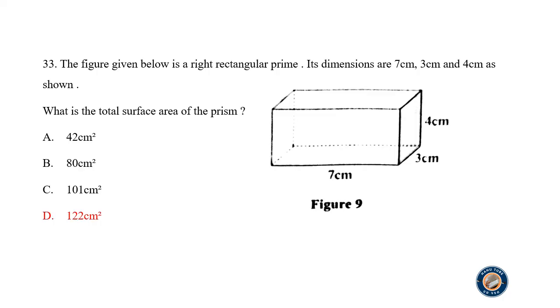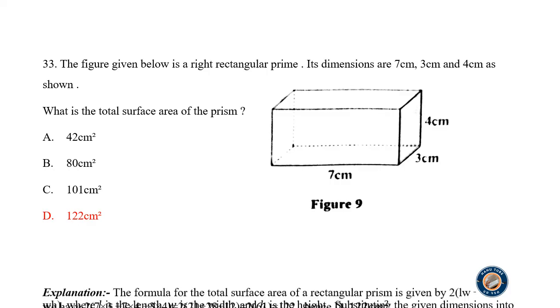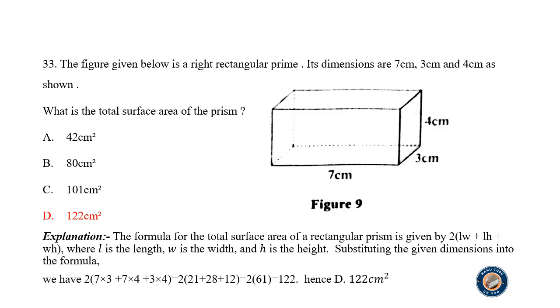The answer will be 122 cm square. The formula for the total surface area of a rectangular prism is given by 2 into (LW plus LH plus WH), where L is the length, W is the width, and H is the height.